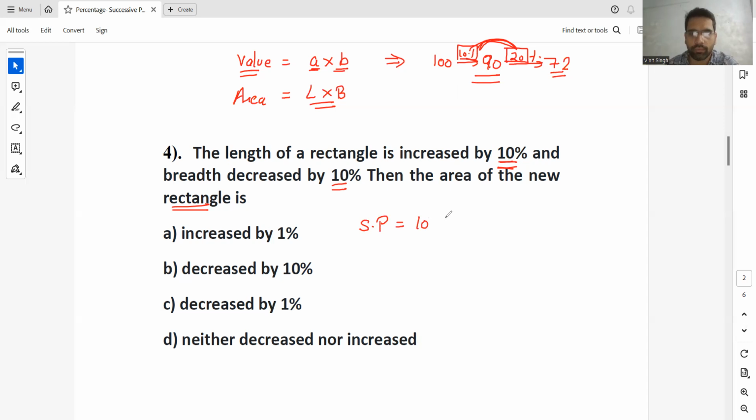In case of increase, we will take positive. In case of decrease, we will take negative. Upon 100. 10 cancels, 1 minus 1, minus 1%. So minus 1% means it will decrease. So option number C will be the right answer. Now, next question.